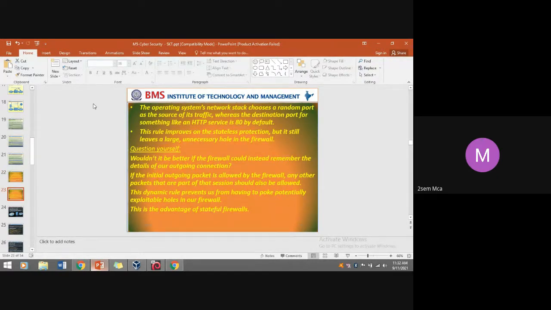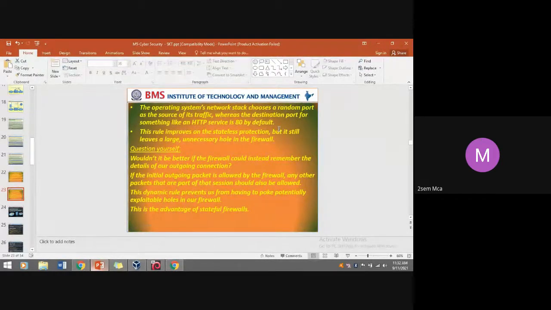So one more scenario relevant to hacking. The operating system network stack chooses a random port as the source of its traffic, whereas the destination port for something like an HTTP service is 80 by default.